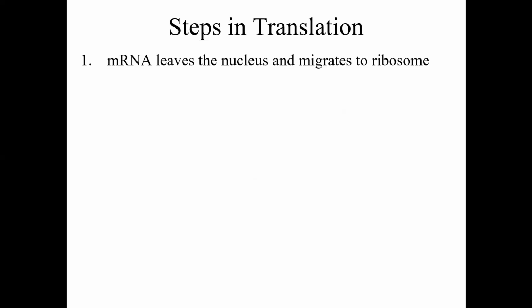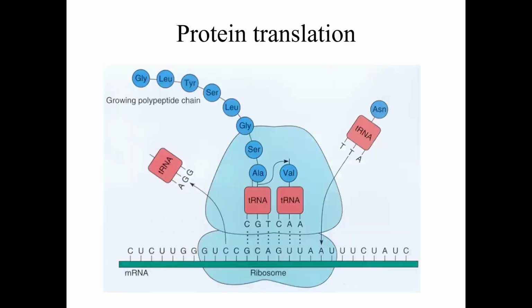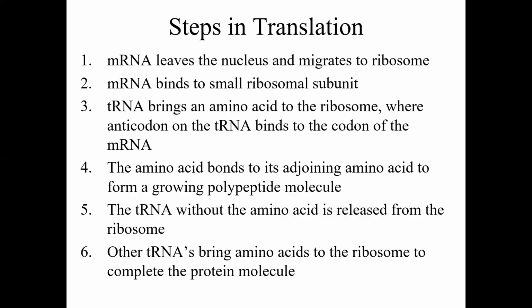So the steps in the translation process are summarized as follows. Number one is messenger RNA leaves the nucleus and migrates to the ribosomes. That's the first step. Then the second step is messenger RNA binds to small ribosomal subunits.